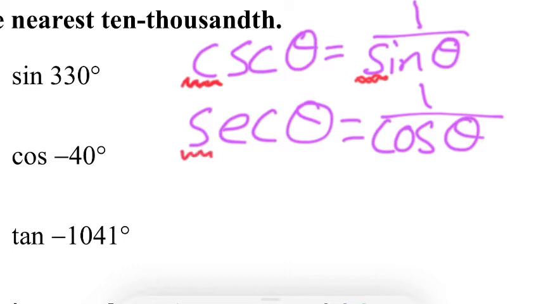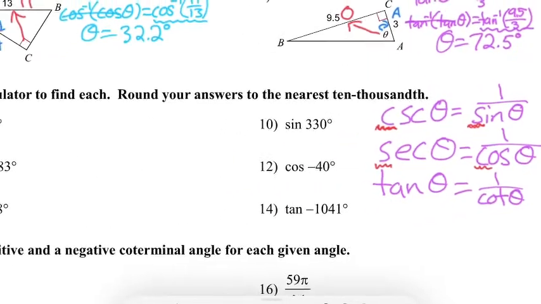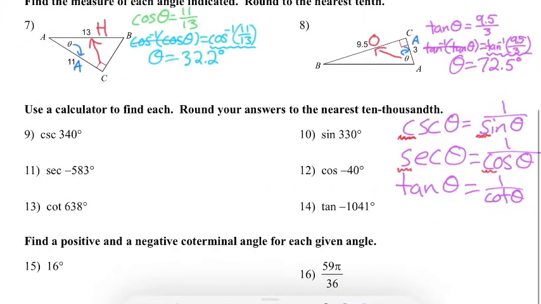So again, the letters switch on you. And then tangent, the reciprocal of tangent is 1 over cotangent of theta. So using this, we can change our 9, 11, and 13 so we can put it in our calculators.